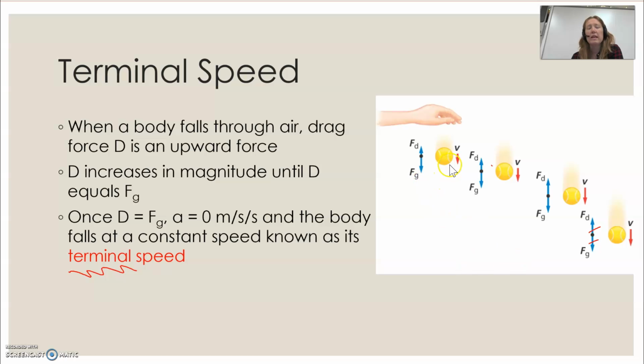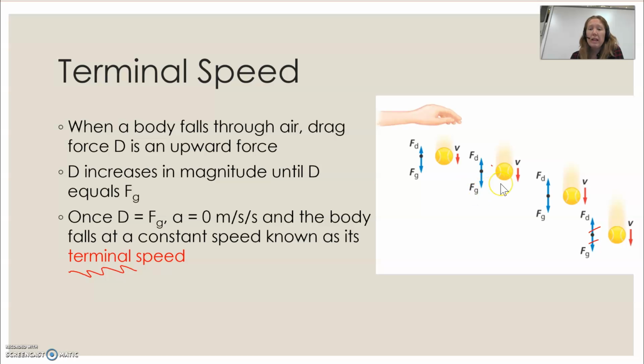At the beginning, the drag force is not very large because the object is not falling very fast. Because that drag force depends on velocity, its magnitude is not very large.